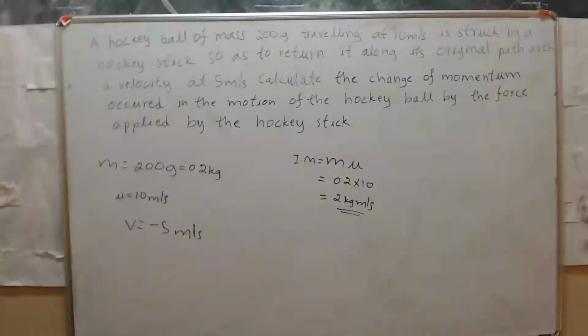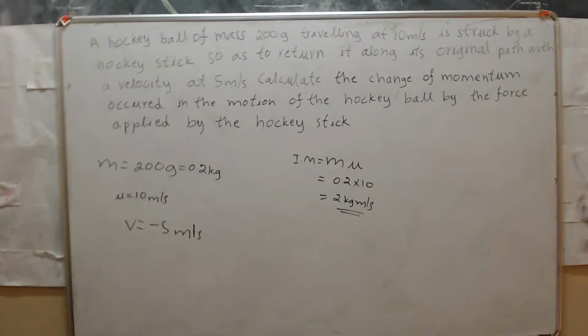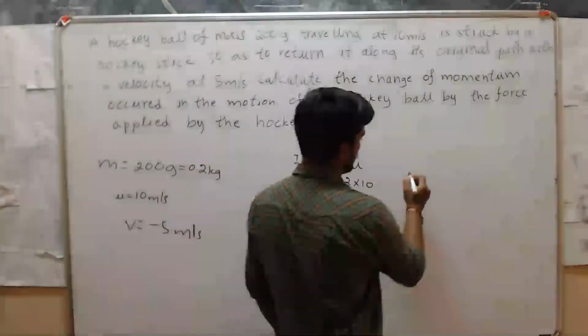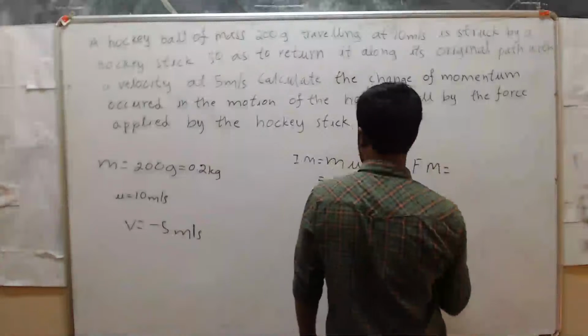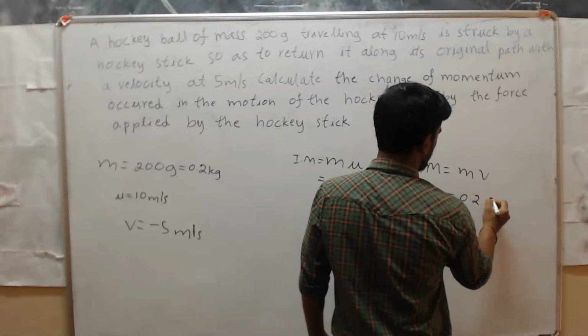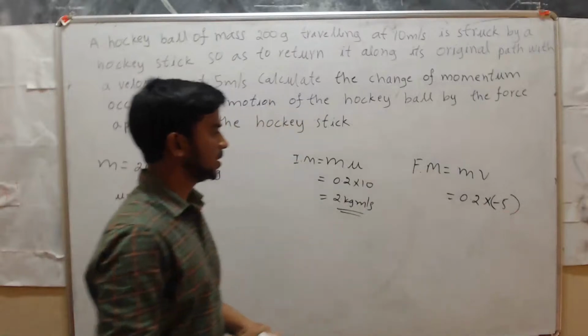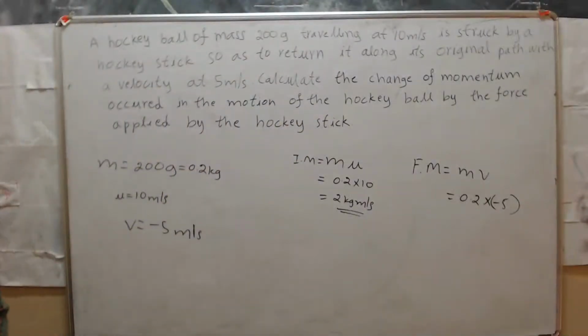Next, final momentum. The final momentum is m into v. So 0.2 into minus 5. Okay, minus 5 is the correct value, so we get minus 1. So the final momentum of that object is minus 1 kg meter per second.